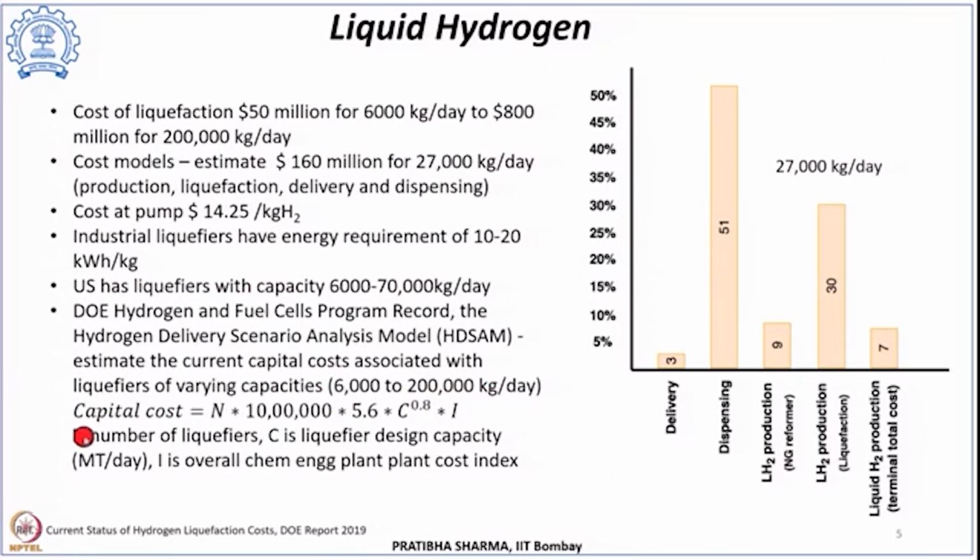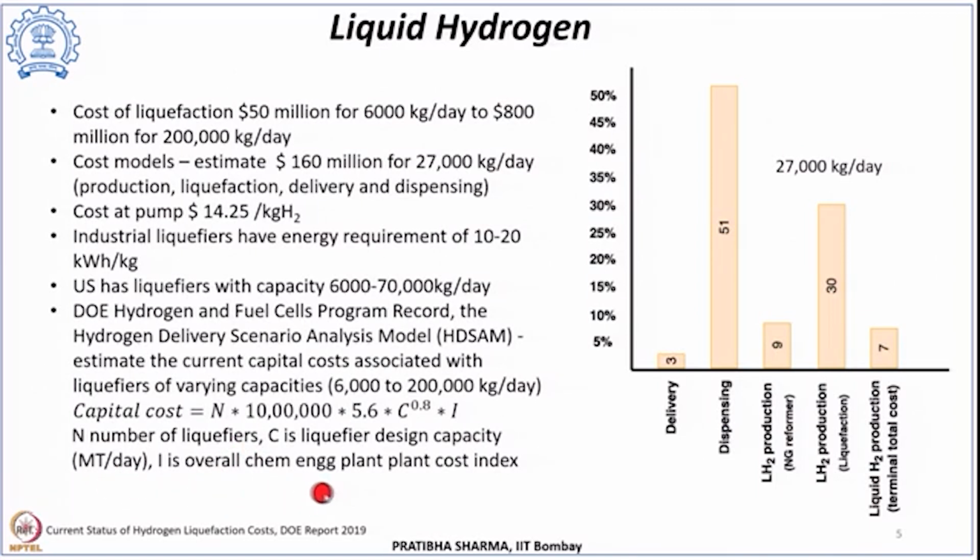They have found that the capital cost is equal to n times 10 lakh times 5.6 times C to the power 0.8 times I, where n represents the number of liquefiers, each having a capacity of 2 lakh kg per day of liquefaction. Here C is the liquefier design capacity, where 5.6 times C to the power 0.8 is obtained by best fitting with the available data, and this is in units of MT per day.